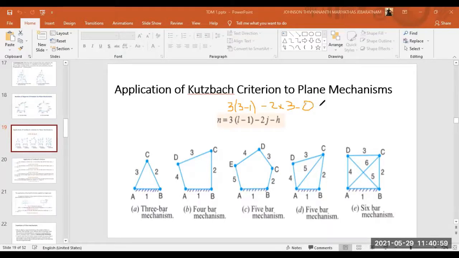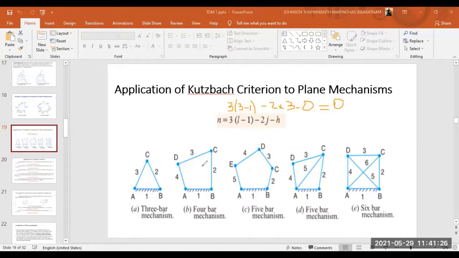When you solve this, 3 minus 1 is 2, 2 into 3 is 6, minus 2 into 3, 6, that is 6 minus 6, which is 0. Which means there is no movement. Degree of freedom is 0, which means it will not move. So this is what is called a locked chain, or you can call it a truss also.